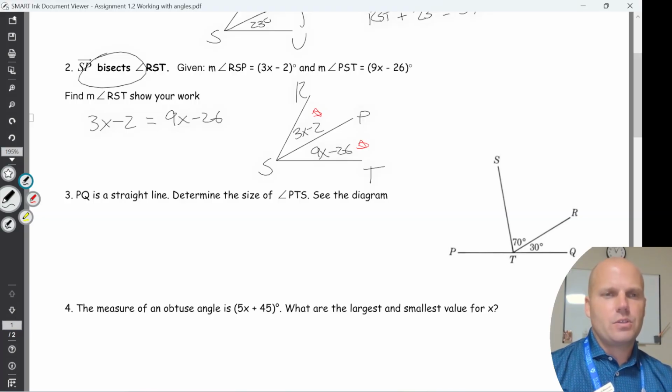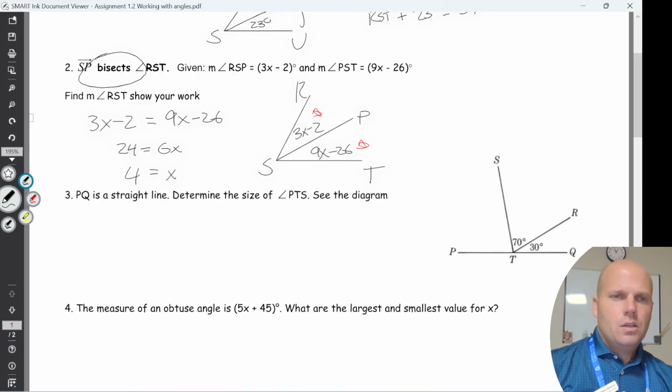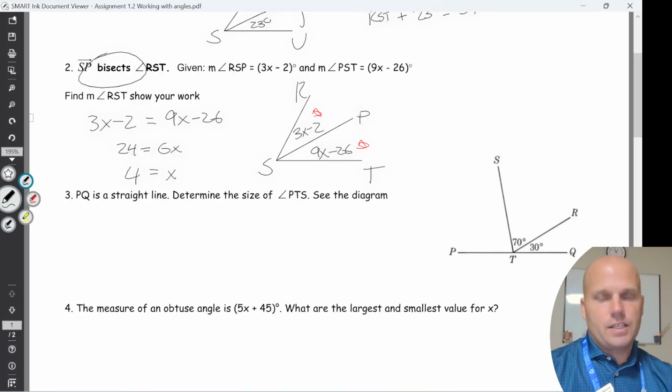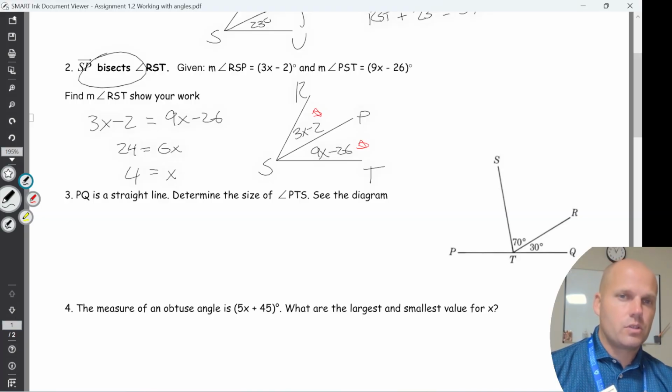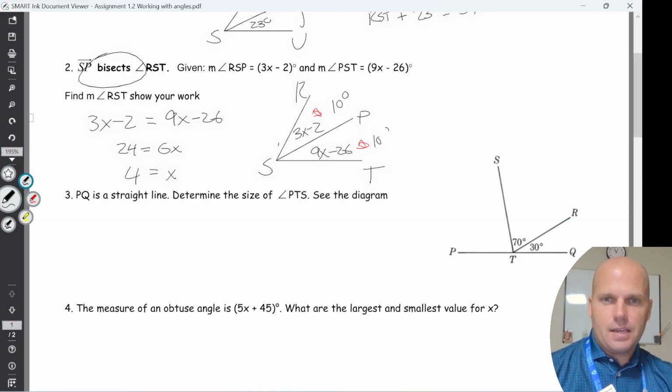I have 3x minus 2 equals 9x minus 26. I can add 26, I can divide by 6, and I get x is 4. RSP is 3 times 4 minus 2, so that's going to be 10, which means PST is 10 and RST is 20 degrees.